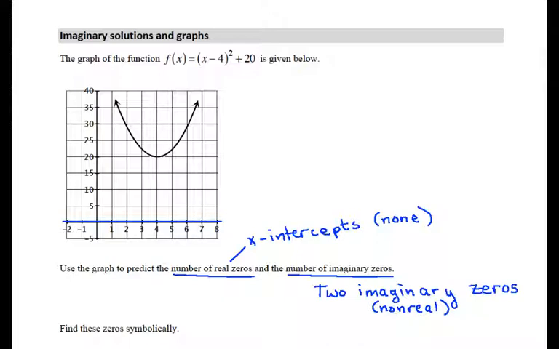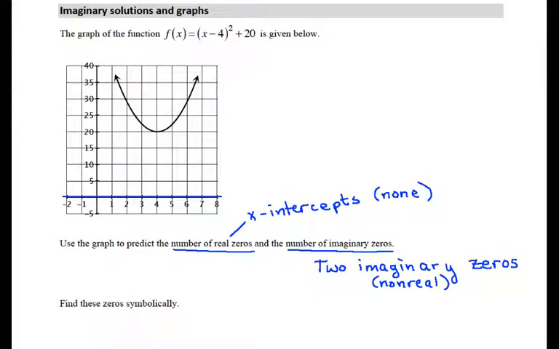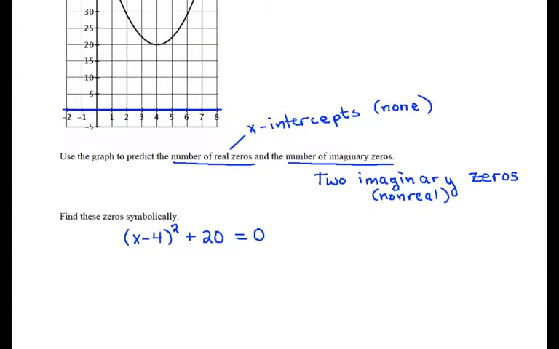Now I'm going to find them symbolically using the formula. So the function we were told is (x minus 4) squared plus 20. And since we're trying to find zeros, we're going to just set it equal to 0 and solve this equation.